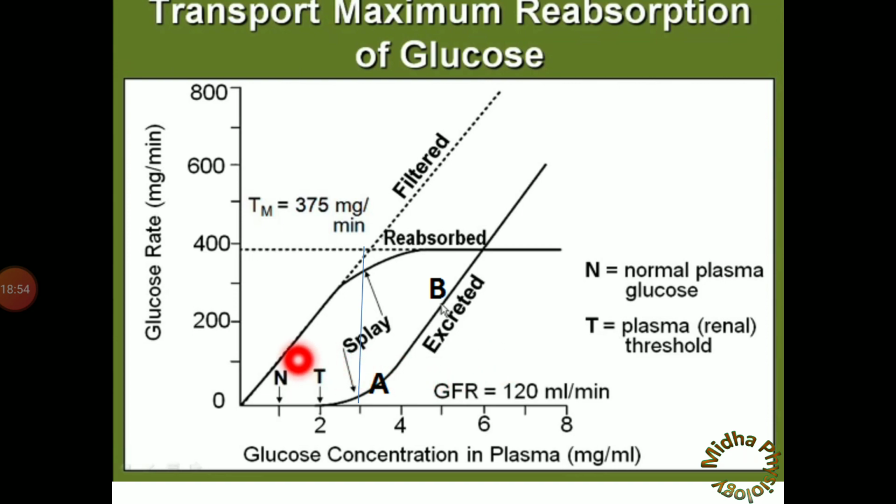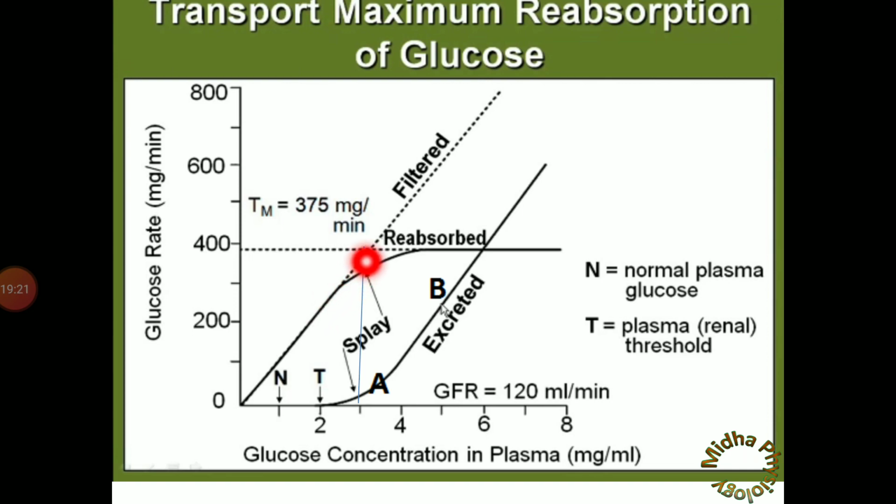So along with the concentration of the glucose increasing in the plasma, the filtration rate would also be increased linearly. So this linear line is the graph of the filtration rate. Now when you're talking about the reabsorption, you see initially when the plasma glucose concentration was increasing, the rate of reabsorption was also linearly increasing, right?